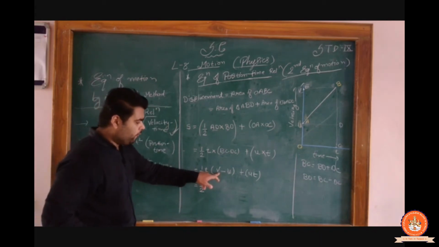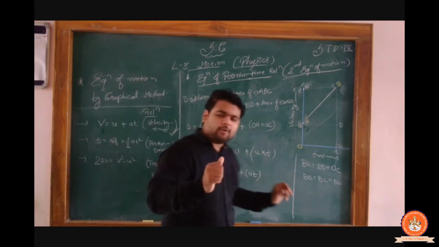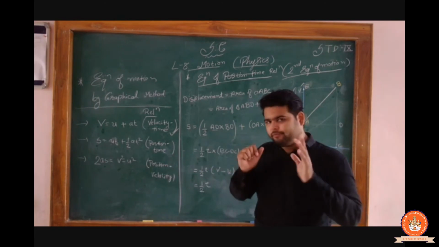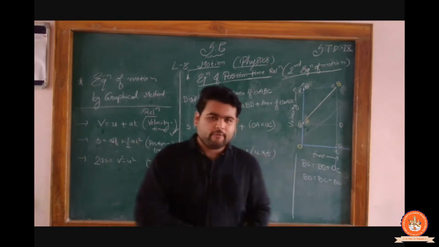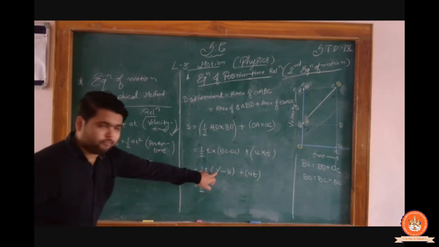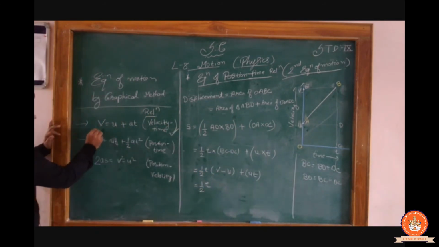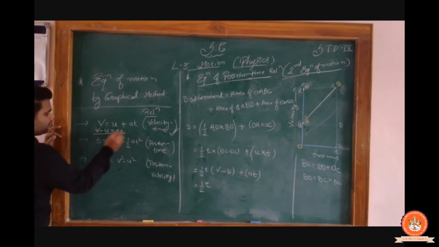Now v minus u, I had already told you, remember that formula. If you don't remember, okay, no problem, from here we can find it. We want v minus u. Here is v. If we take this u on this side, it becomes minus u, equals at. So v minus u equals at.